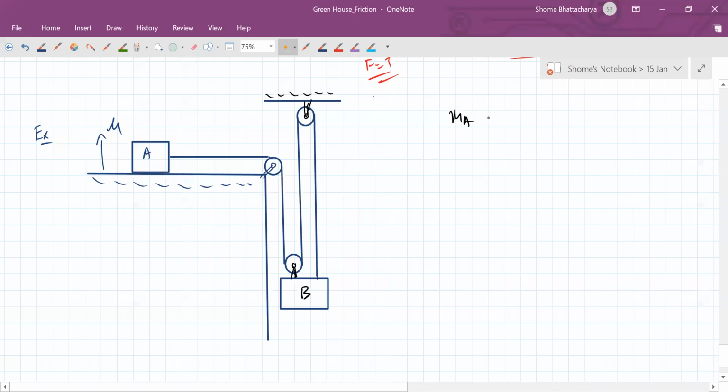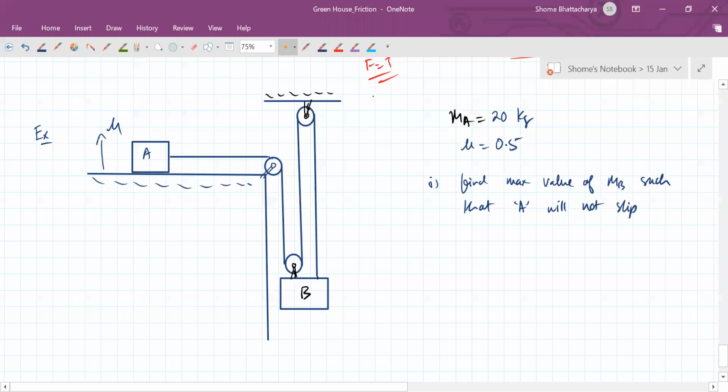So mass of A is given to us as 20 kilograms and coefficient of friction is 0.5. Okay. So in the first part, find the maximum value of mass of B such that A will not slip. In fact, take the coefficient of friction here to be 0.6. Easier to calculate.